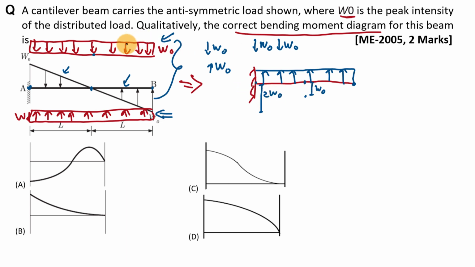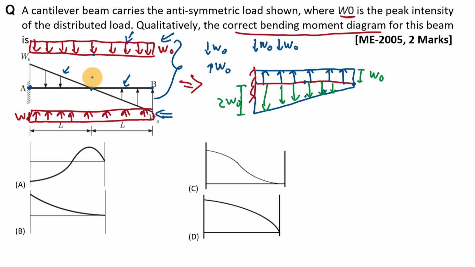So if we take the summation of these loads acting over this beam, it will be a triangular load like this, in the downward direction. Here this value is W0 and here the maximum value of this uniformly varying load is 2W0.